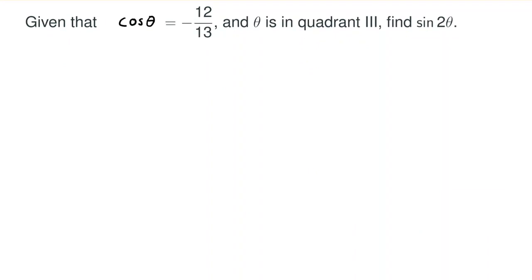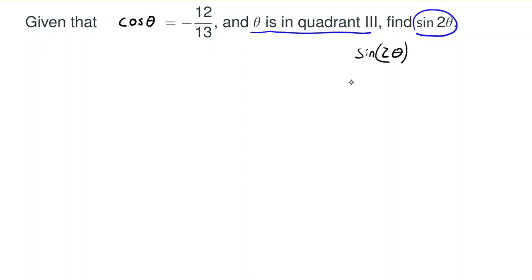Given cosine theta equals negative 12 over 13, and theta is in the third quadrant, find sine 2 theta. Here, first we have to pay attention. We're looking for sine 2 theta, not just sine theta. Okay? So since it's sine 2 theta, we have to use double angle identity.